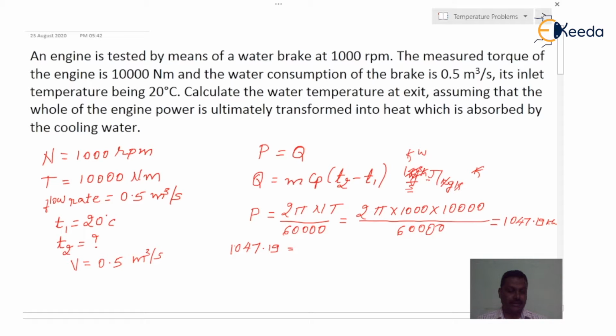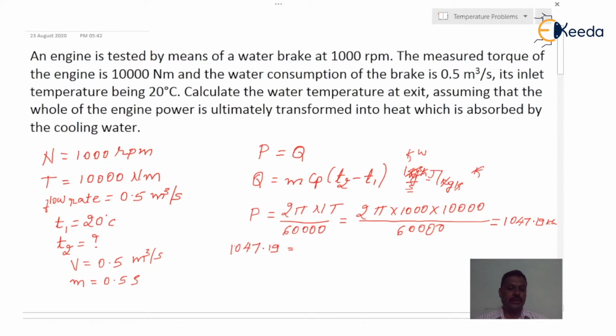To convert this into mass flow rate, we have to multiply it by rho. So then mass flow rate m is 0.5 into rho, because the rho has the unit kg per meter cube.